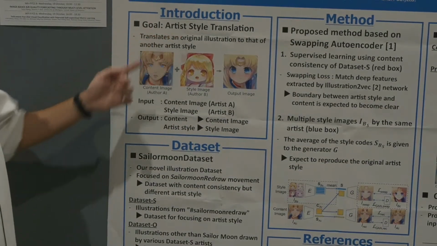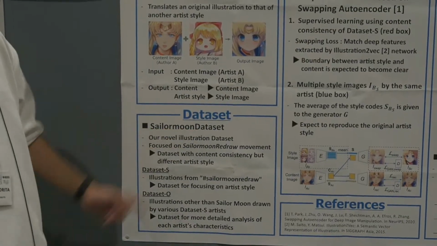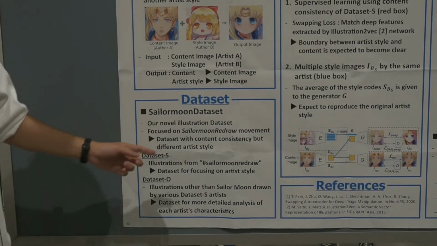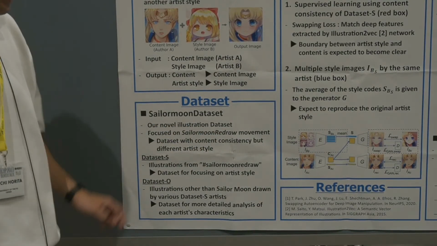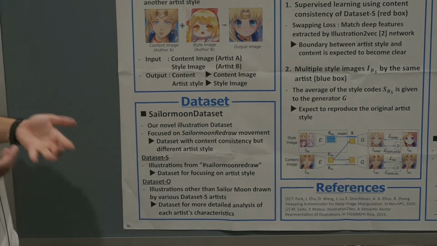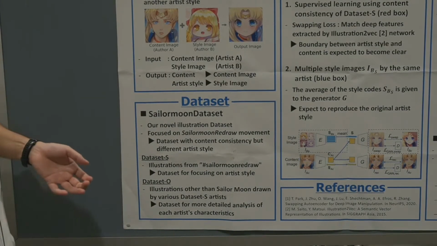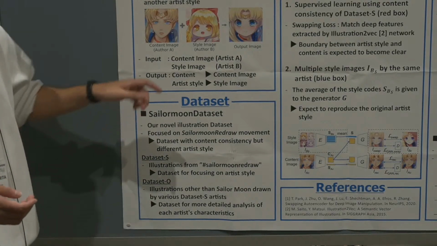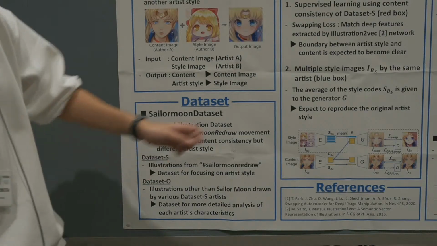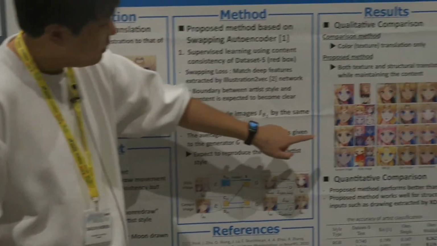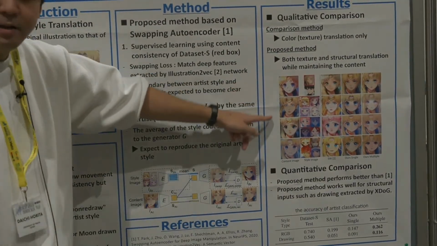To achieve this novel task, we create a dataset, the Sailor Moon dataset. In it, we focus on Sailor Moon literal movement, in which illustrators all over the world draw Sailor Moon with the same contents but using their own style.